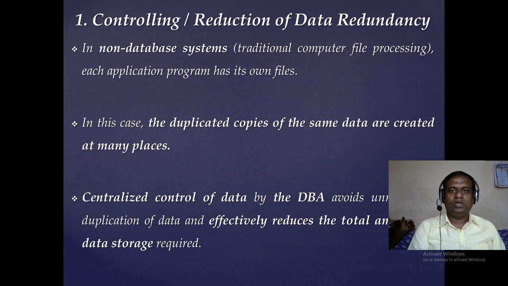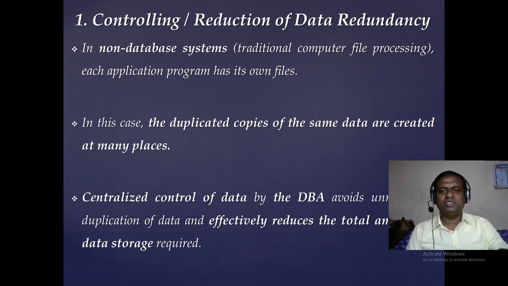One for checking whether the student has filled the form of examination or not, and the second just to calculate the dues whether the candidate has given the internal examinations or not. So this kind of duplication of data was maintained when database was maintained using traditional computer file processing format.